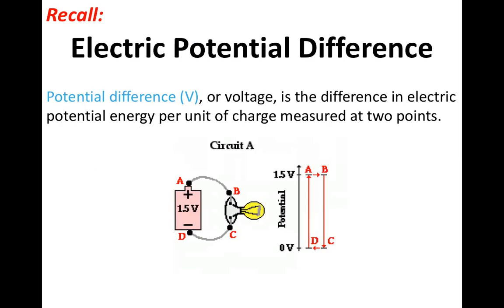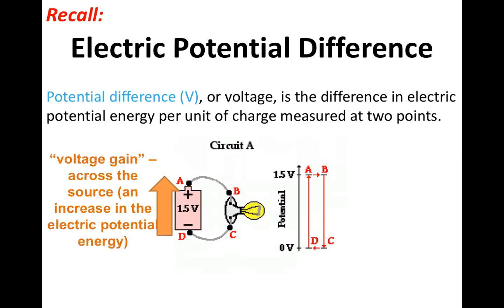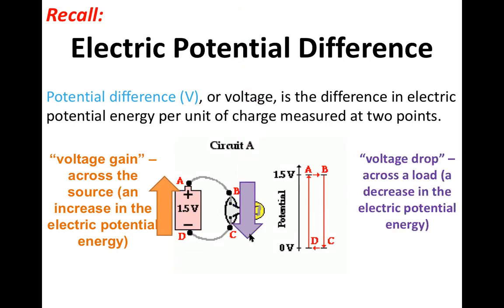Let's take a look at the path of electrons in a closed circuit to get a better understanding of voltage. As electrons go across the battery, there is a voltage gain. As electrons go across the load, there is a voltage drop. I think it's helpful to think of the gravitational potential energy analogy.